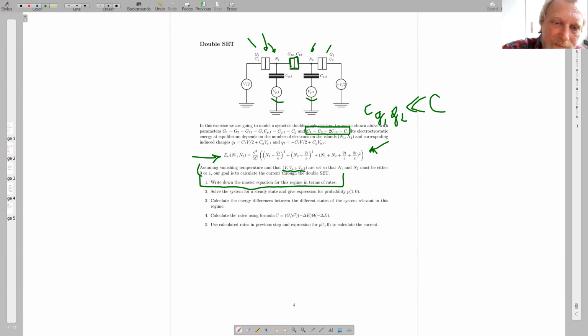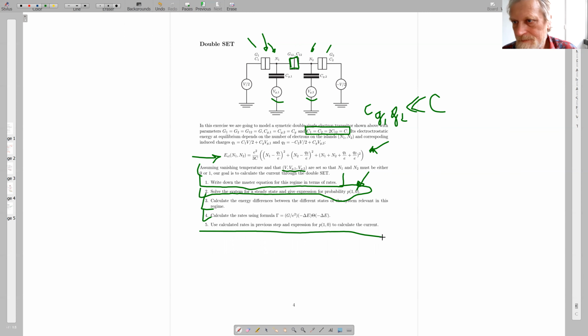Solve this equation, which means give an expression for probability in terms of the rates. After that, having this formula, one can compute the rates, which are given by energy differences, and finally get the current. Okay, step by step. Let us switch to the solution.